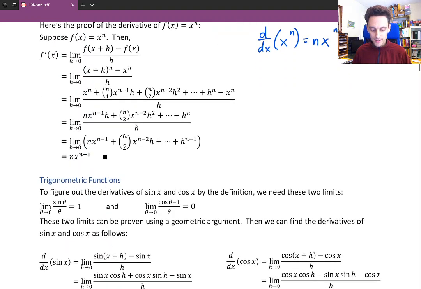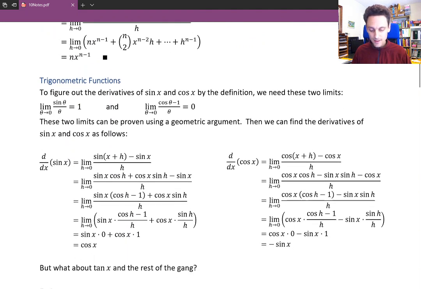Let's turn to some other functions like the trig functions. Before we figure out the derivatives of sine x and cosine x by the definition, we're going to need these two limits. The limit as theta approaches 0 of sine of theta over theta equals 1. Now that takes proof. There's a good geometric argument for that.